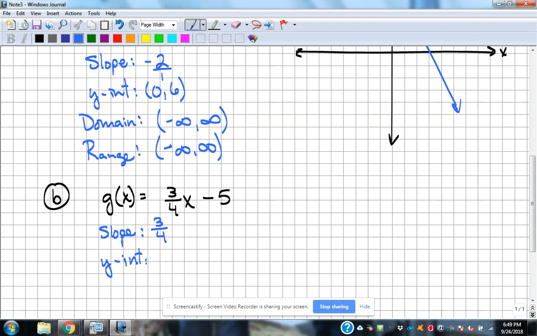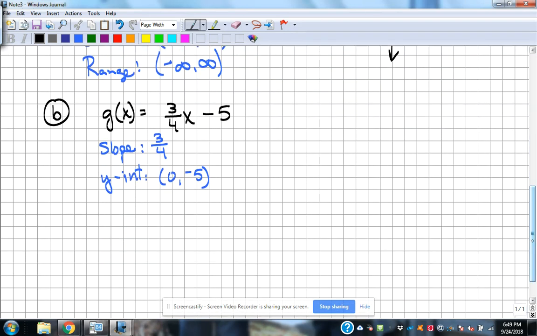The y-intercept for this one, the ordered pair would be 0, -5. Let me draw myself a little coordinate plane here. We'll graph it with the calculator as well. The x-axis and the y-axis.